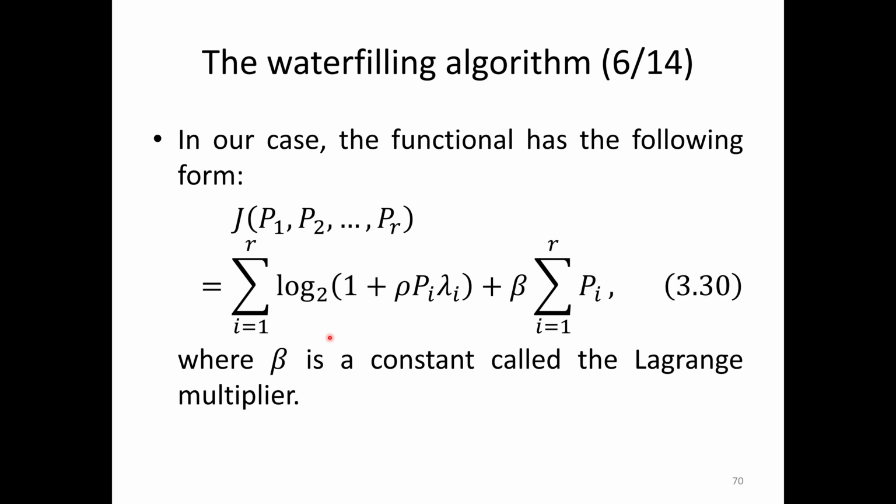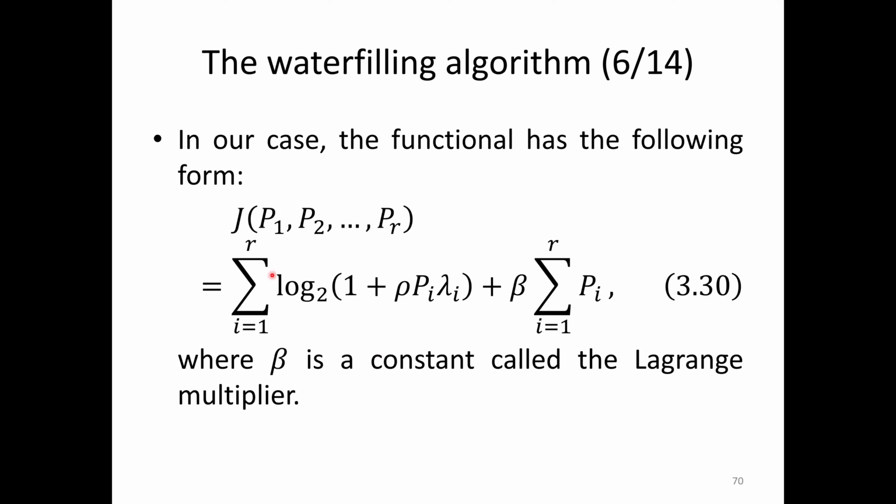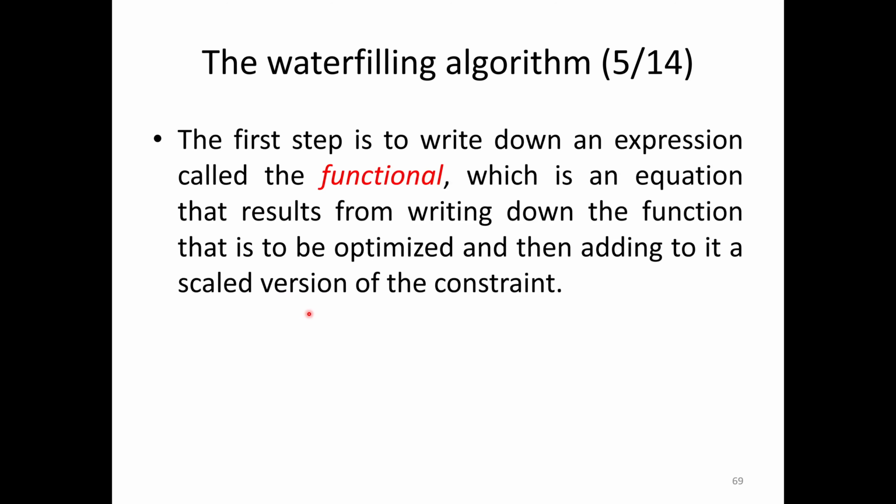Because it is a log 2 function, after the derivative, it is equal to 1 plus rho times Pi times lambda i times natural log 2, because the base of the log function is 2.